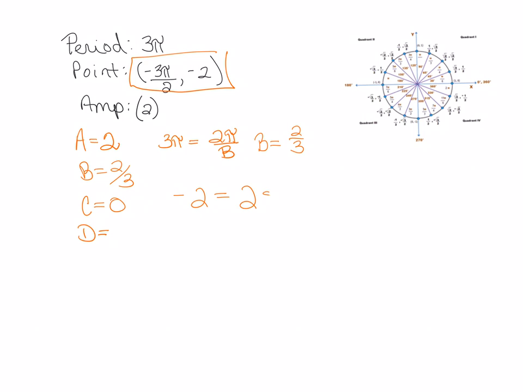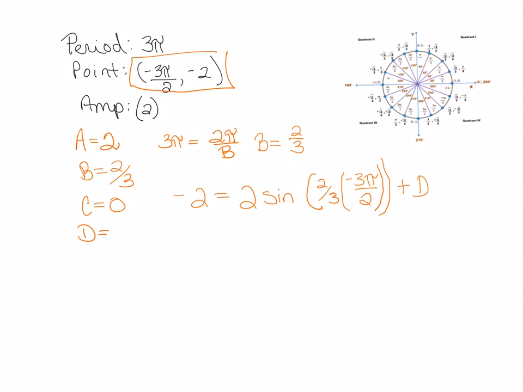2 sine. We're going to have 2/3, which is our b value, and then fill in your x value, which is -3 pi over 2, plus d.